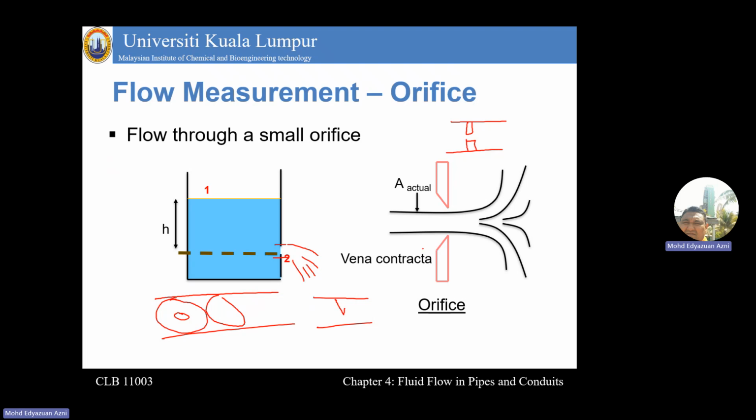So for the one with this vena contracta construction, point 1 will be on the inside, and point 2 will be on the opening on the outside.